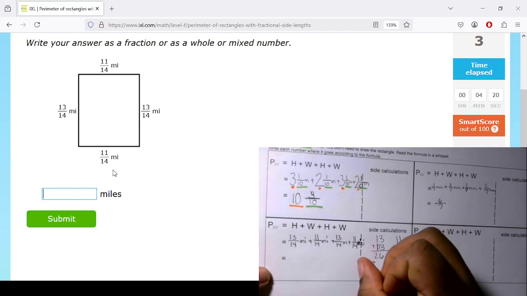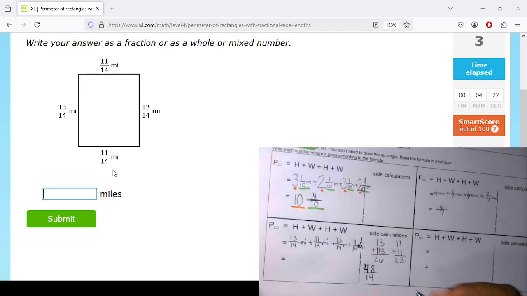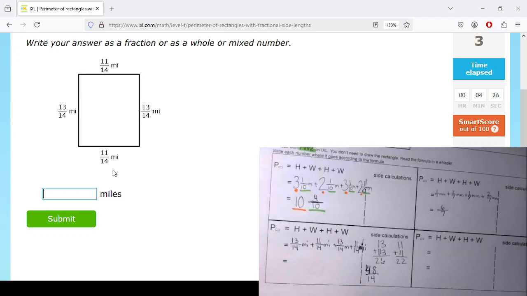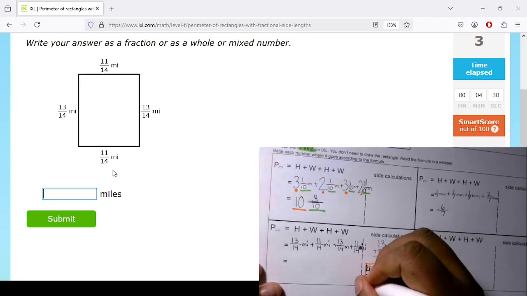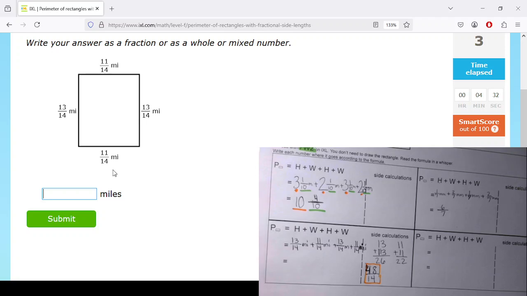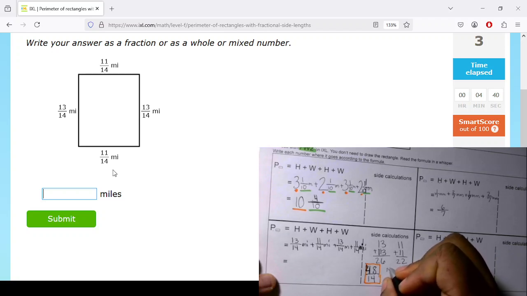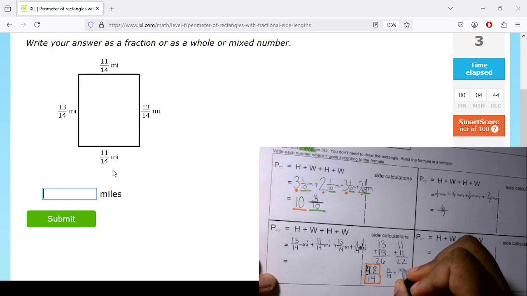So it's going to be 48/14. But whoa. It takes 14/14 to make one whole. So I need to split this. Pretty sure that goes in there 3 times. 14 plus 14 is 28.